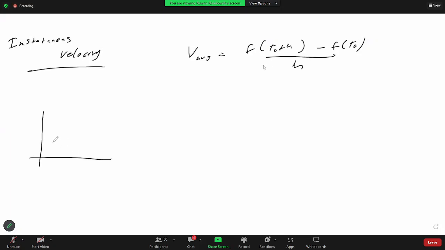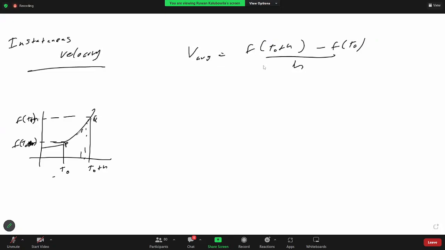If someone said find the instantaneous velocity at this t naught, what do you have to do? Same thing. These are the limits. How to handle the limits. So this application. So you need to bring that point closer.